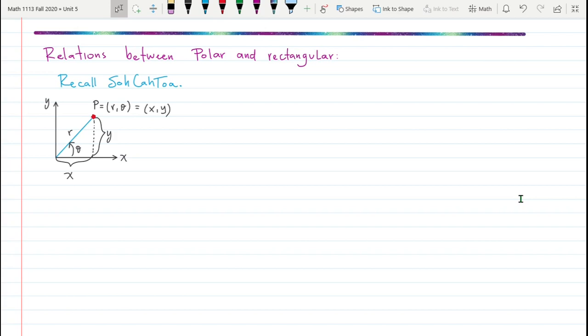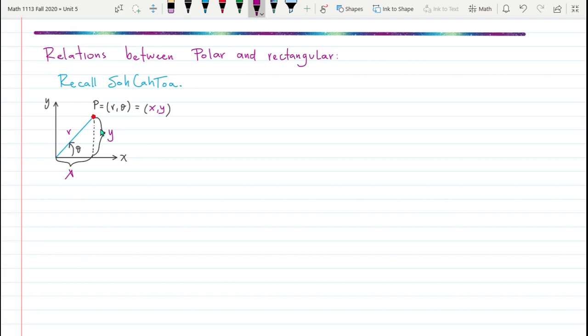Given this picture here, I'll write this in different colors so you know that this is not really the same x and y as the axes. This right here is just some distance x and some distance y, more specifically.